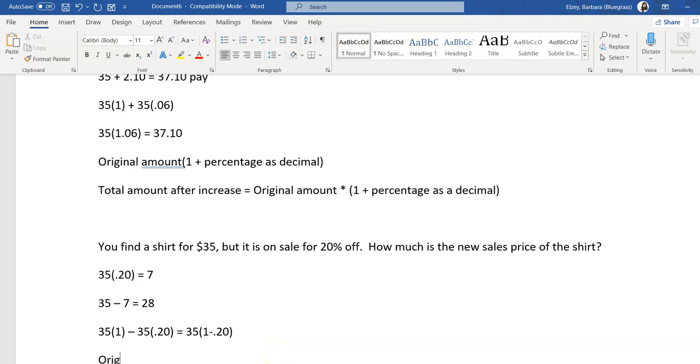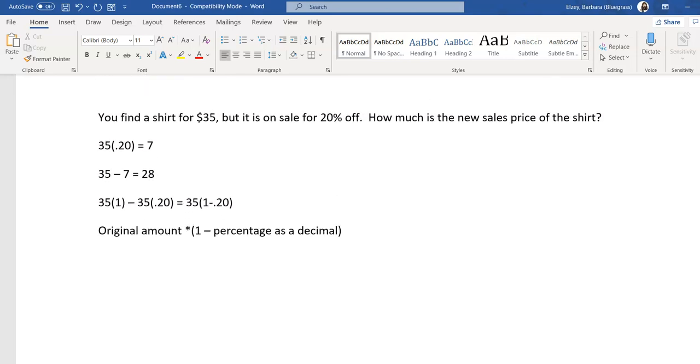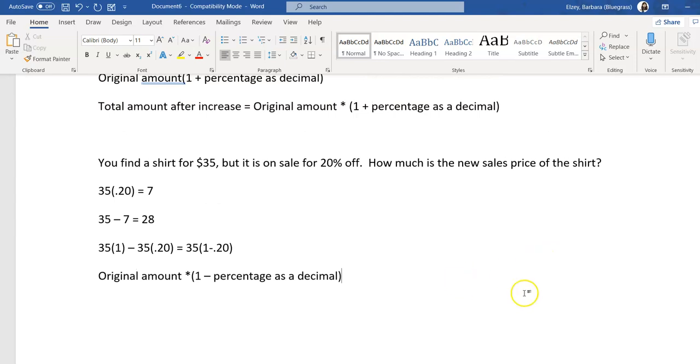It's original amount times 1 minus the percentage as a decimal. Or if we want to make an overall formula that works for all percentage decrease problems, the total amount after a decrease is equal to the original amount times 1 minus percentage as a decimal.